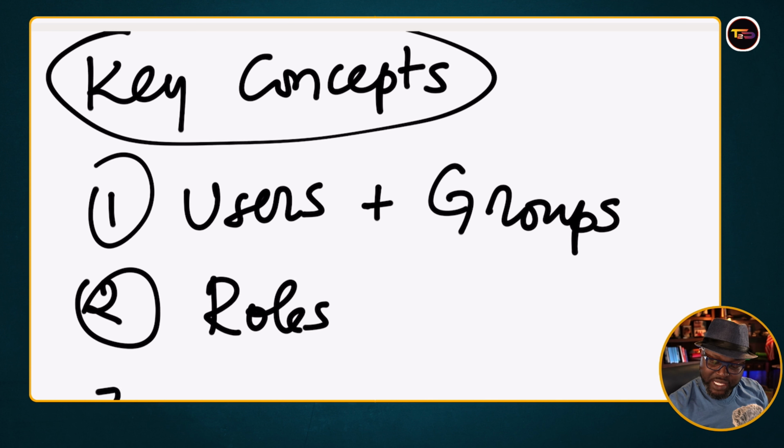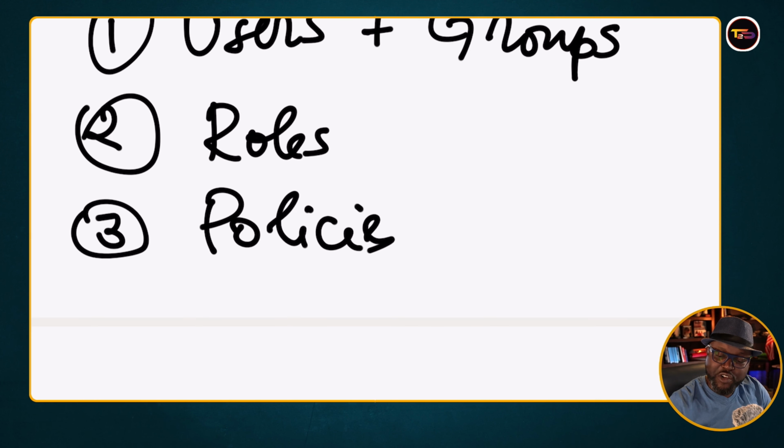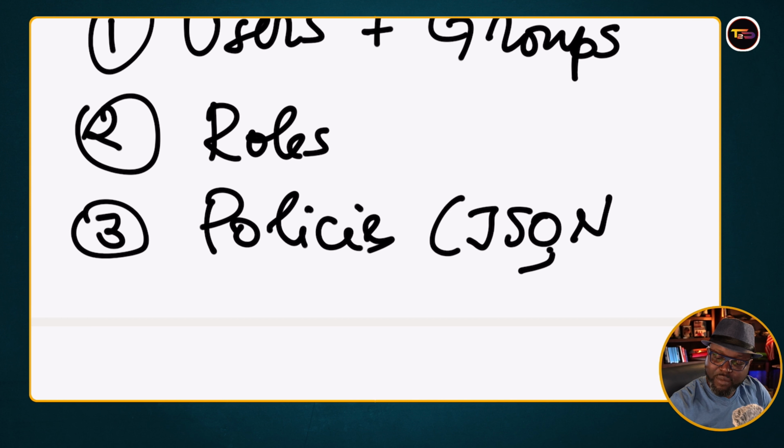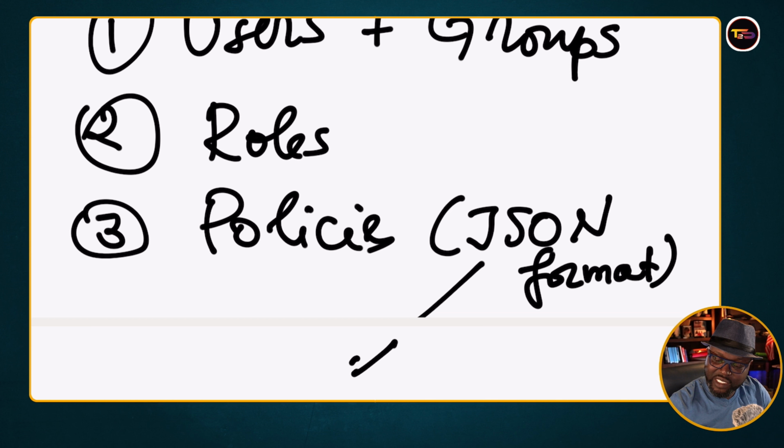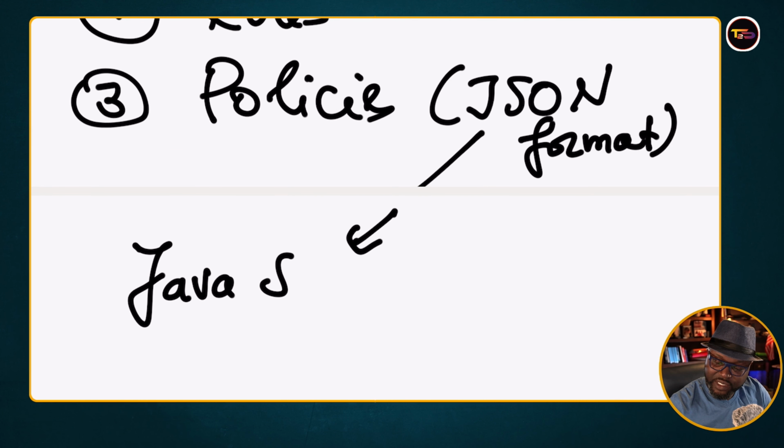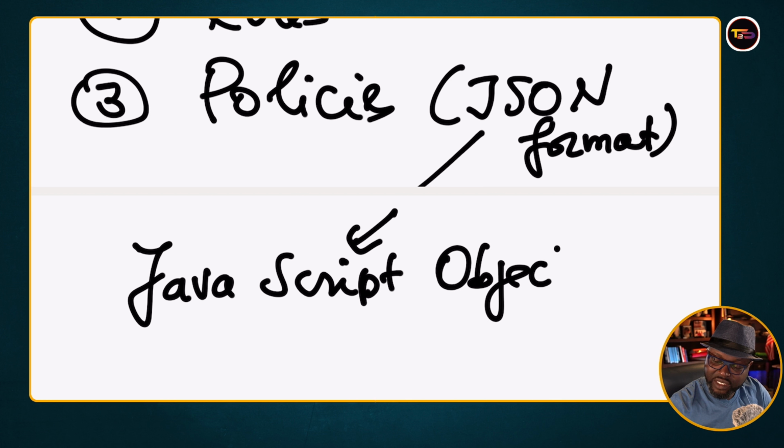And number 3, the third key concept you need to know about IAM is policies. Policies are written in JSON format. And what does JSON stand for? It stands for JavaScript Object Notation.